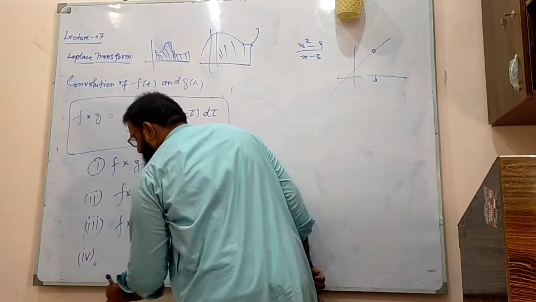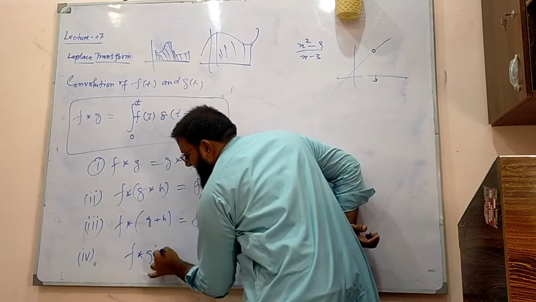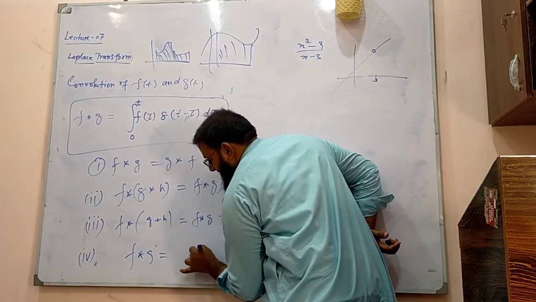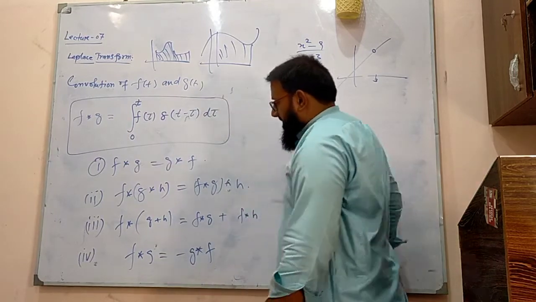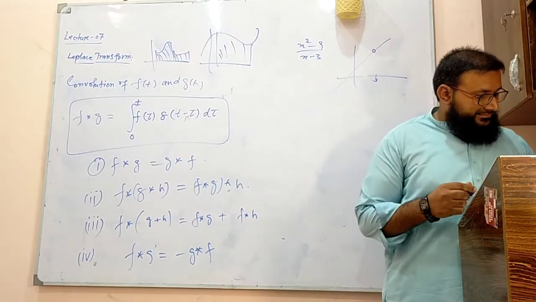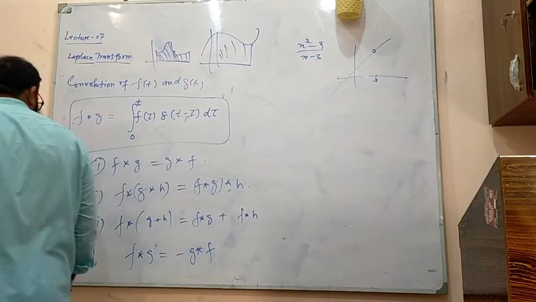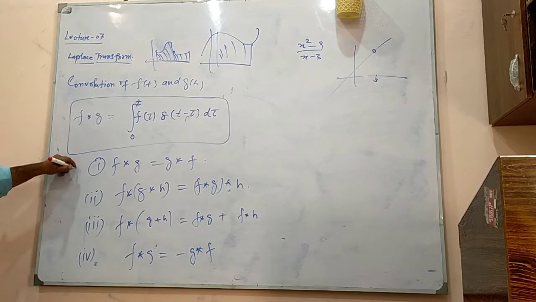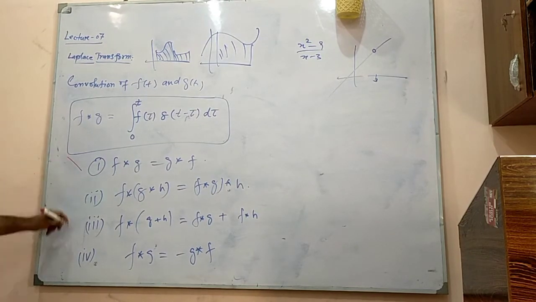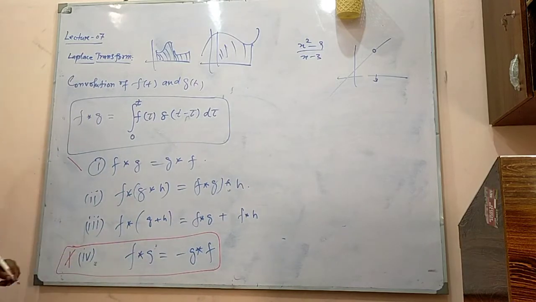The fourth thing is F convolution G is the same as... which one is not okay? So this was the correct option.